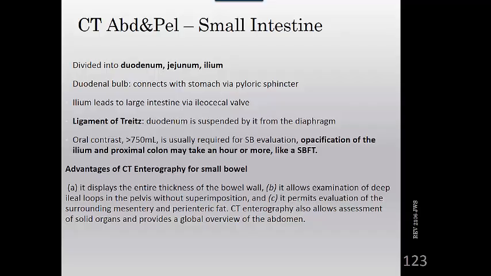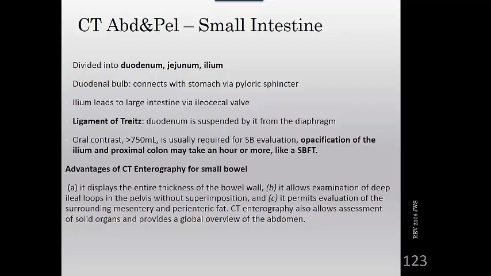And the advantages of a study called CT enterography, we briefly covered that in another course. We'll cover it a little later in this course, but it displays the entire thickness of the bowel wall, and it allows examination of the deep ileal loops of the pelvis without superimposition.